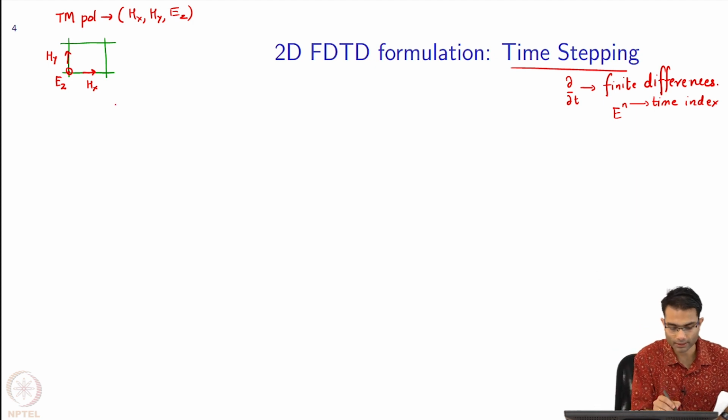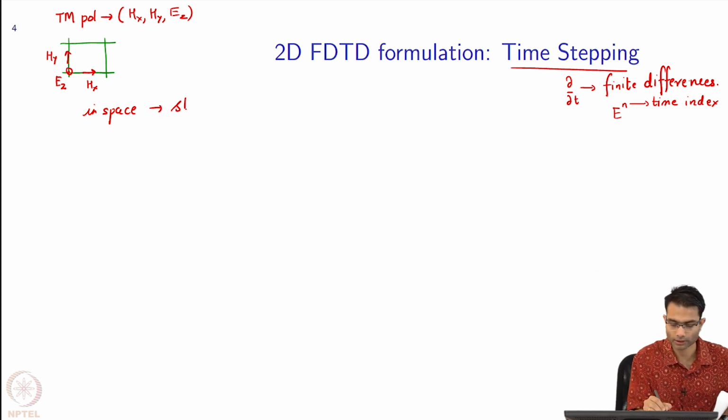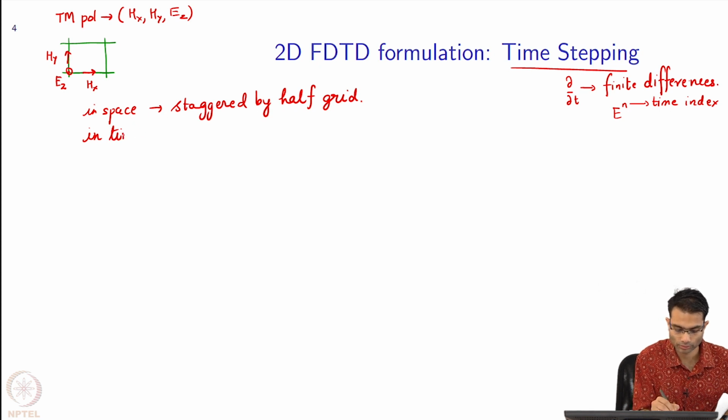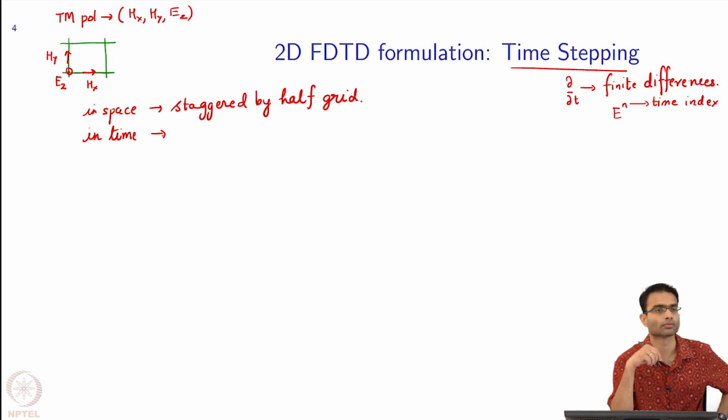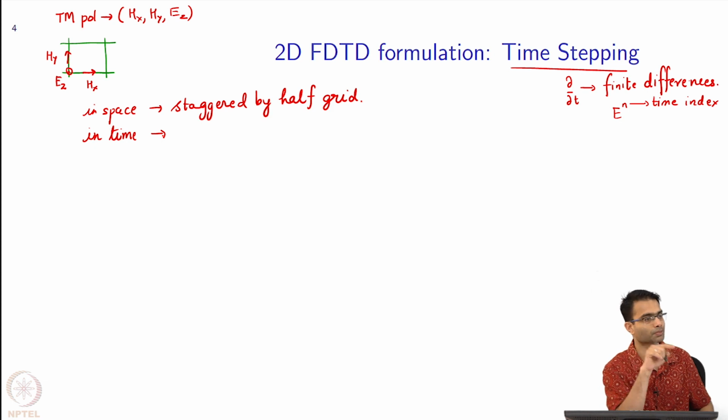Now we said that in space the variables were staggered by half a grid, right? What about in time? What should we do? Do the same thing. See, in these methods we are discretizing space and time.